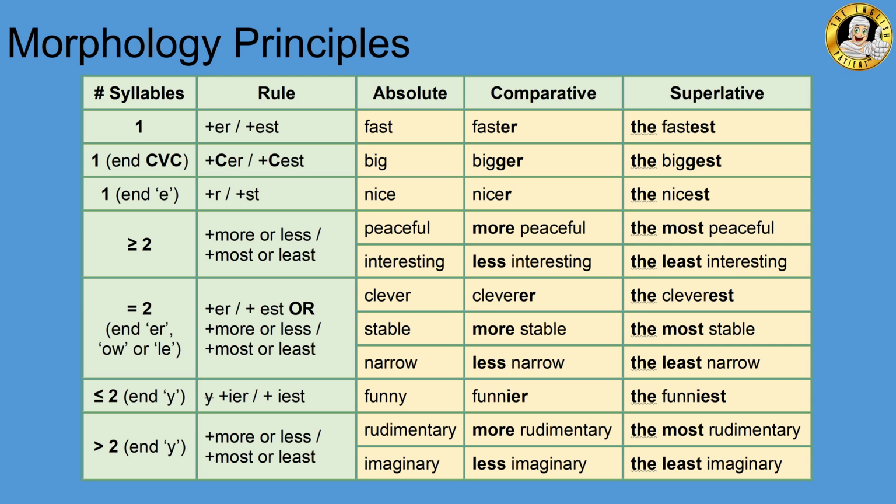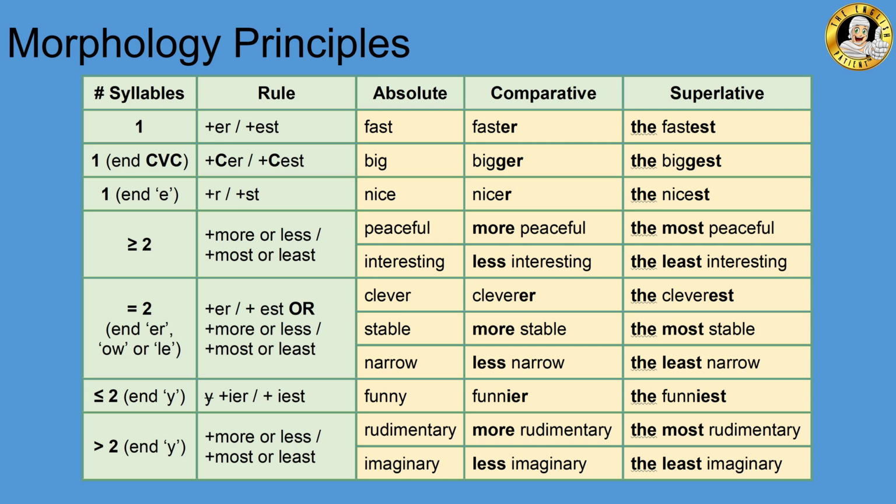You can also say more clever or less clever. And the cleverest, or the most clever, or the least clever. For stable, this could be more stable, less stable, stabler, the most stable, the least stable, the stablest. Narrow, less or more narrow, the most or the least narrow, and then the narrowest as well.